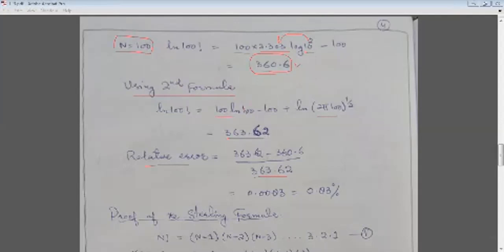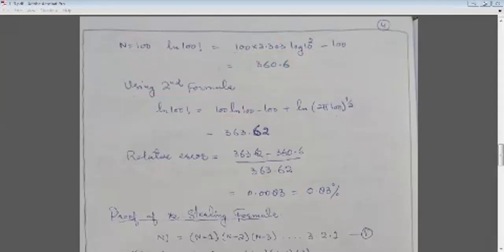It comes out to be 0.83%. That means as the value of n increases, the first approximation and the second approximation give almost the same values. Their relative error is very, very small as the number of entities goes on increasing, or n is very, very large.